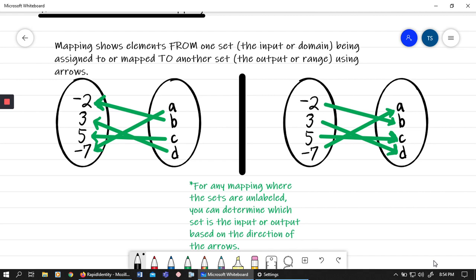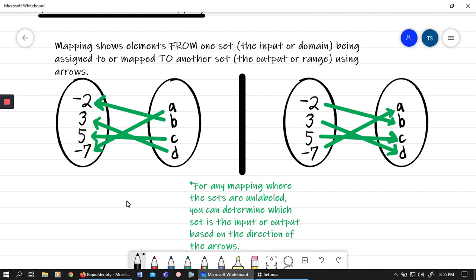So let's look at the mapping of this relation on the left here. You see here that the arrows are coming from this set with the letters, and going to this set with the numbers. Clearly, we should all know that the output is the result of plugging in an input.